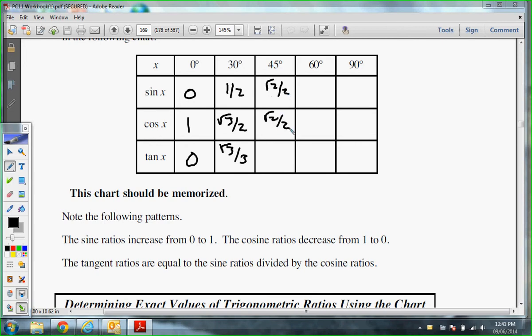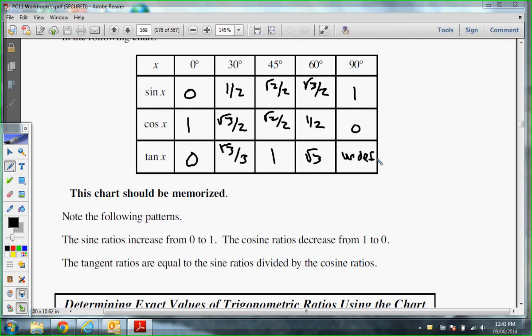Remember, these will be the same. This over this is the same thing over the same thing, so 1 for tangent. 60 is root 3. And then 90: 1, 0, undefined.